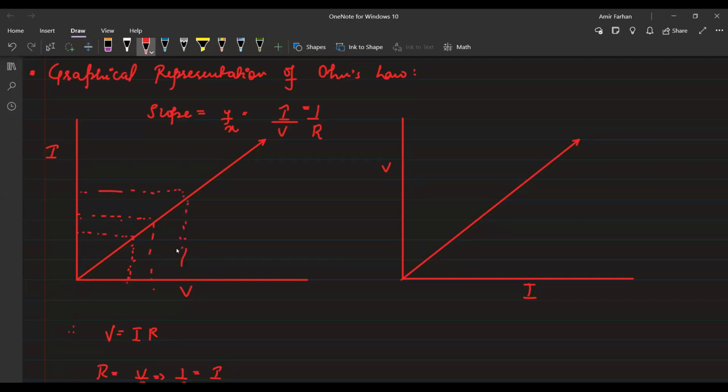It means that a straight line will be the graph of Ohm's law. At every increase in current, your voltage is also increasing, directly proportional. Clear?